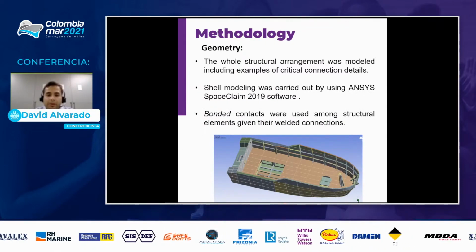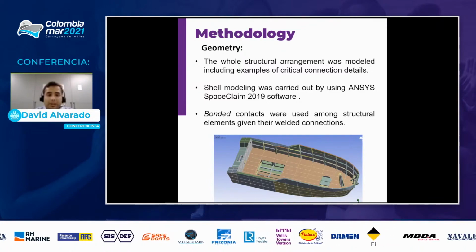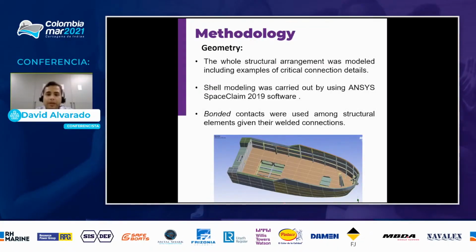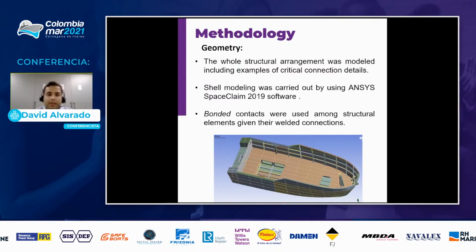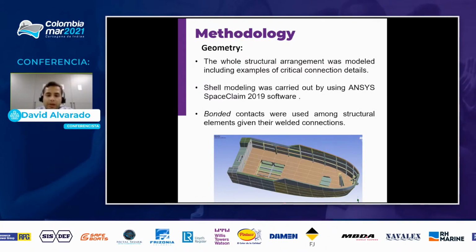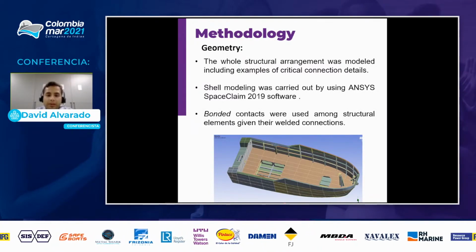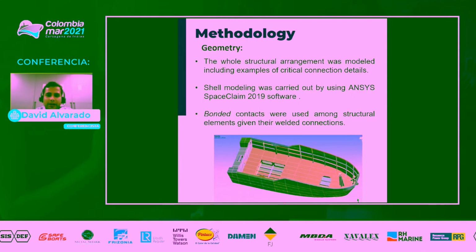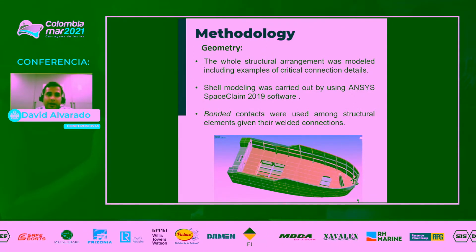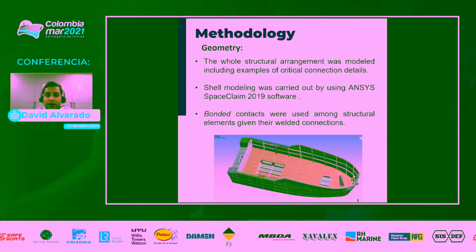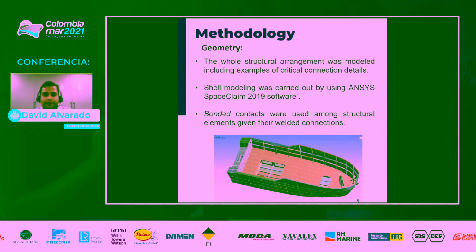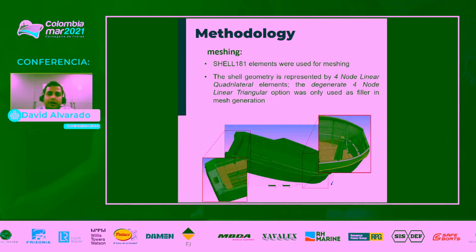Now, this model is a global model constituted of plates, which was generated in SpaceClaim 2019, and whose elements are bonded because the welding restricts the different degrees of freedom of the vessel.